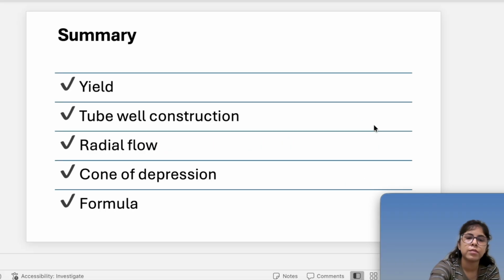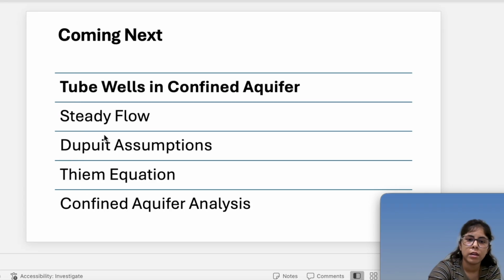So today we studied yield, tube well construction, radial flow, the cone of depression, and the formulas of Dupuit and Thiem, for both unconfined and confined aquifers.